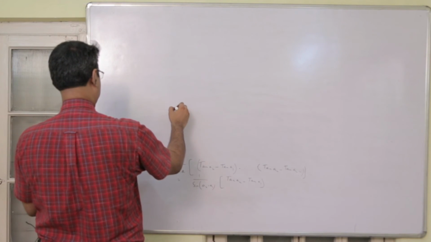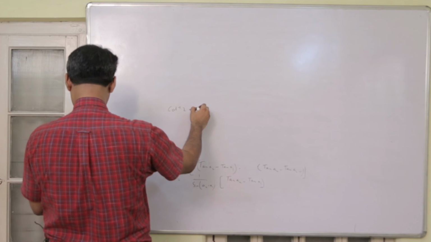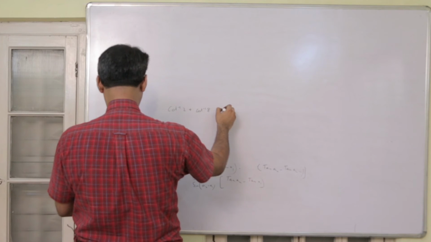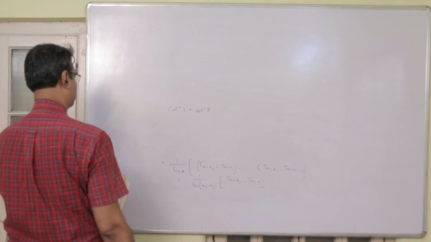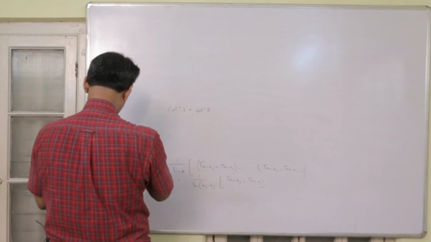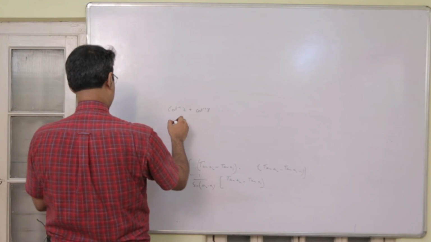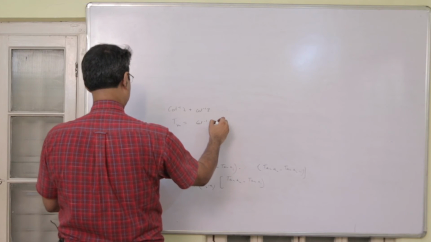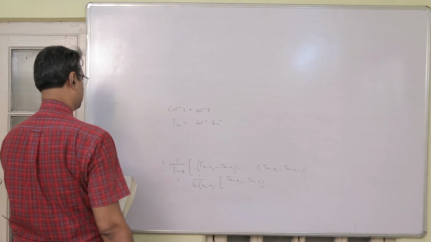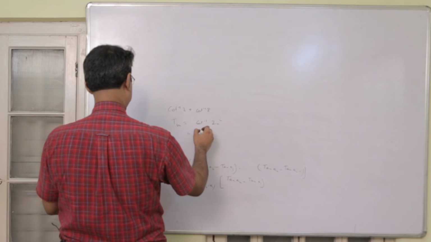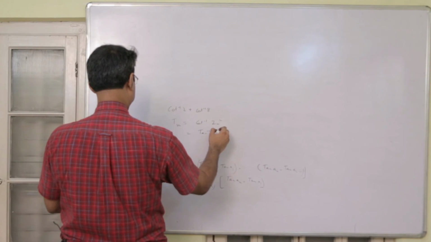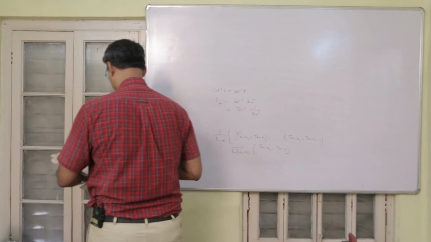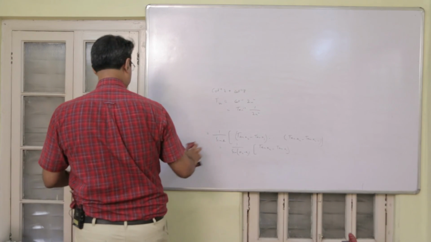Regarding inverse trigo series, suppose you have a series like this, so you can see that the general term is cot inverse 2n square. That is coming to tan inverse 1 by n square.